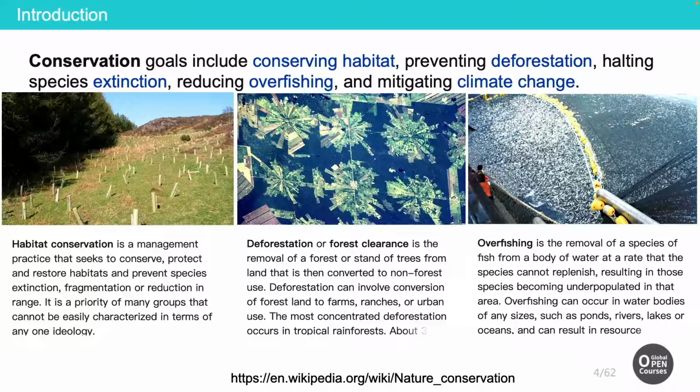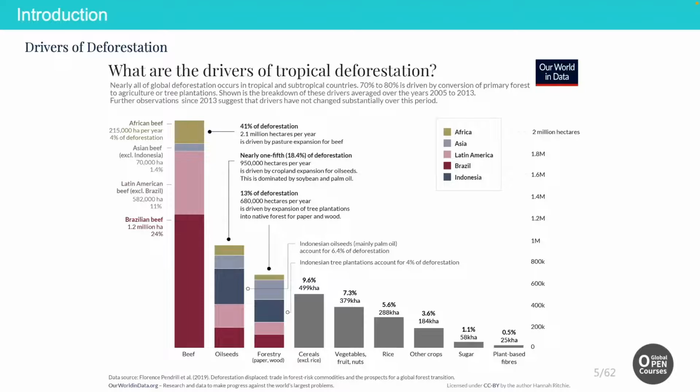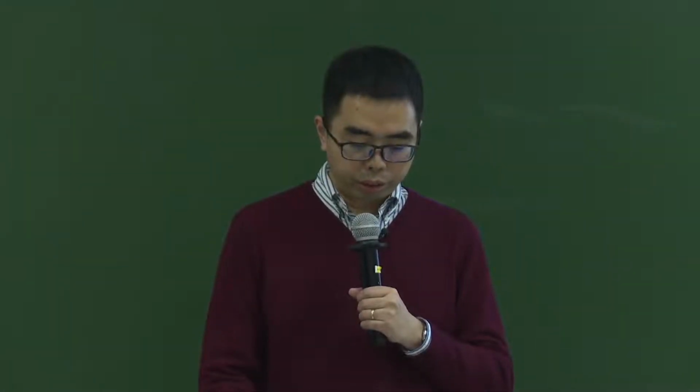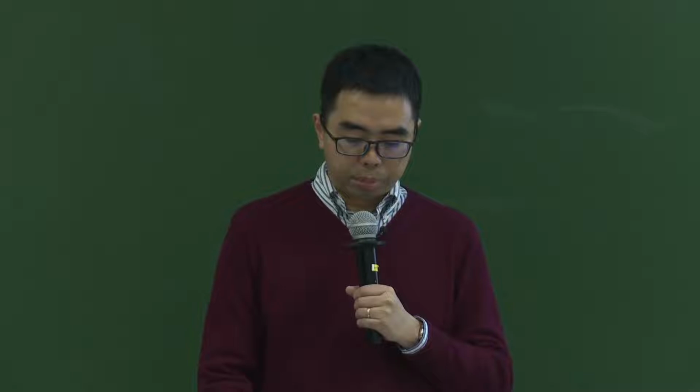The most concentrated deforestation occurs in tropical rainforests. Nearly all the global deforestation occurs in tropical and subtropical countries. 70% to 80% is driven by conversion of primary forest to agriculture or tree plantation. As shown in this figure, agriculture is the most important driver of deforestation.